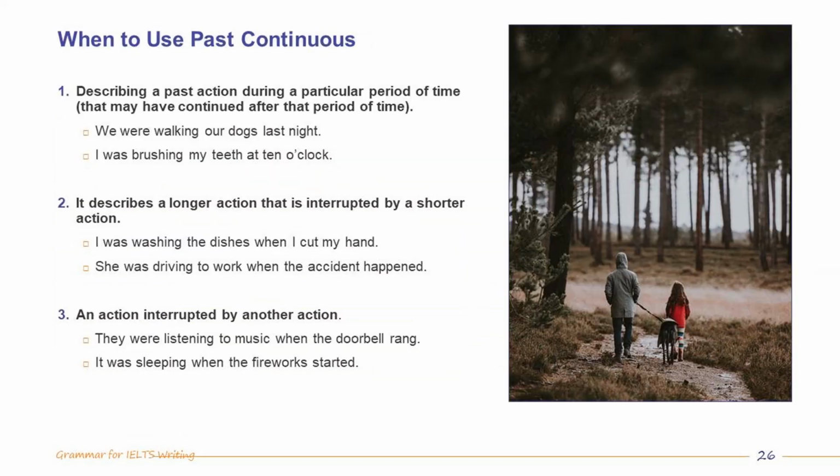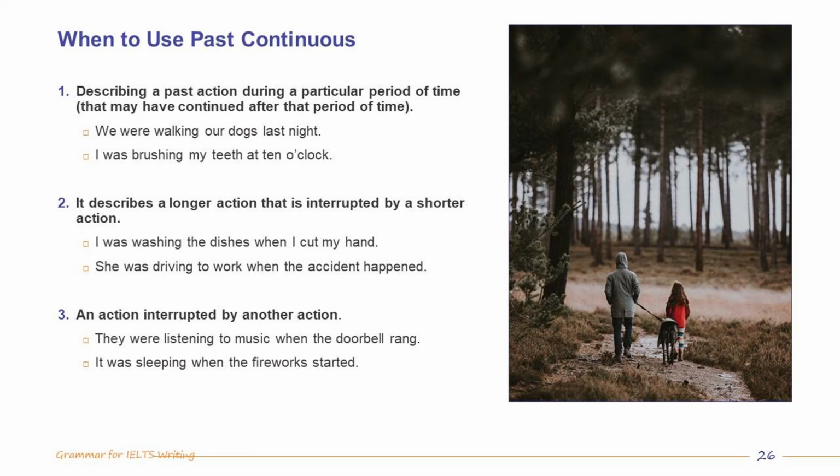There are 3 uses that all suggest an act that was going on for a period of time. Describing a past action during a particular period of time that may have continued after that period of time. For example, we were walking our dogs last night. I was brushing my teeth at 10 o'clock.